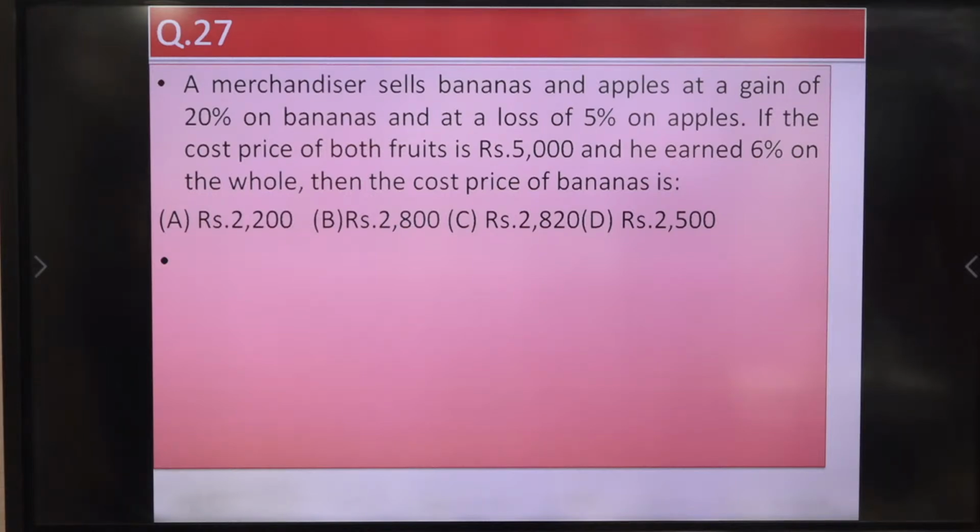So anyone who got the answer of this problem, tell me in the chat box. Important question from profit and loss.